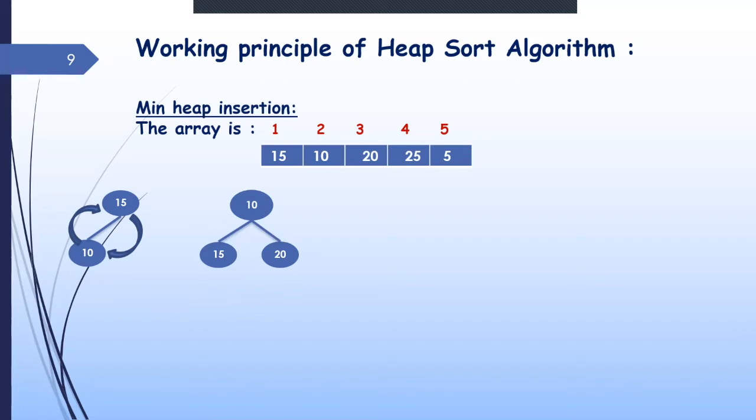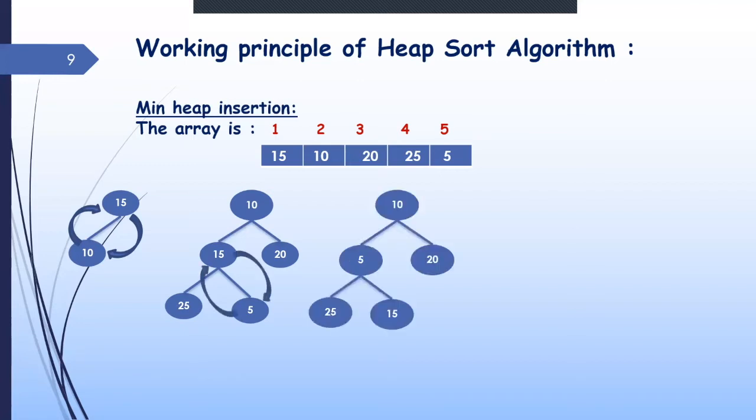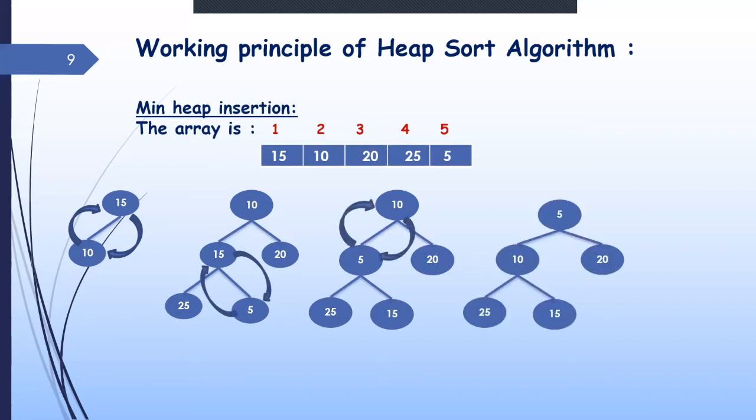Yes. And 25, insert on 15's left child and check 15 is smaller than 25. Yes. And last element 5, insert on 15's right child and check 15 is smaller than 5. No. And swap. And now check 10 is smaller than 5. No. And again swap and we can see this is a min heap.